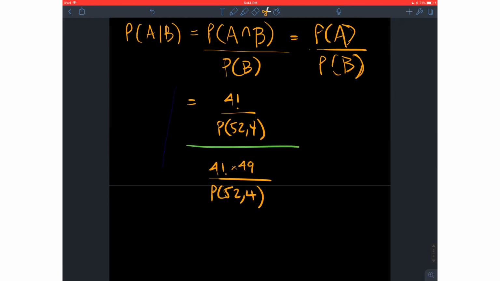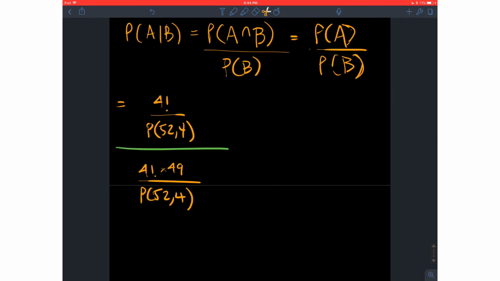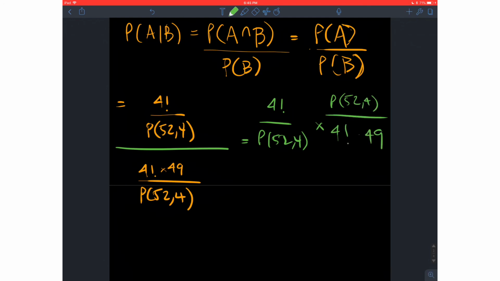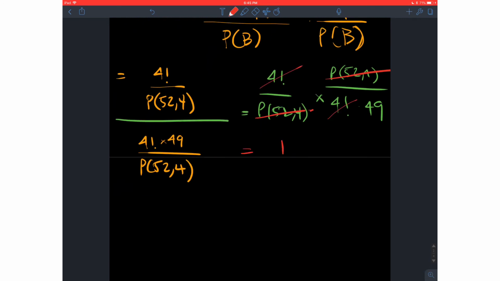Now, if we remember from high school, we know that this is 4 factorial over P52 4, and because we're dividing one fraction by another fraction, we can multiply by the inverse, and we get P52 4 up here, divided by 4 factorial times 49. Luckily some things cancel, so we didn't actually have to figure out what the size of S was in this case, and so what we get is just 1 over 49, which is what we expected to get.